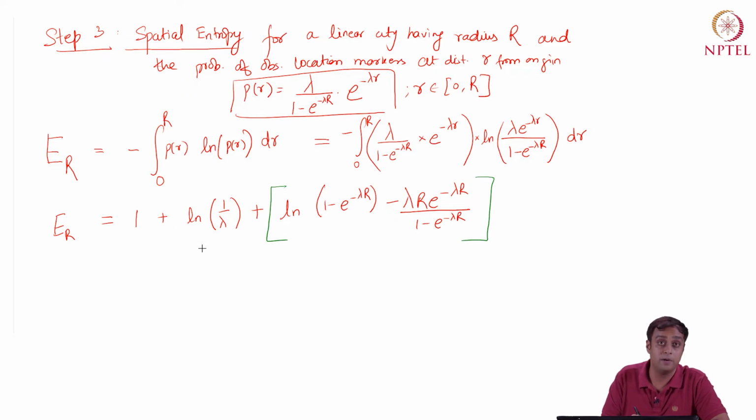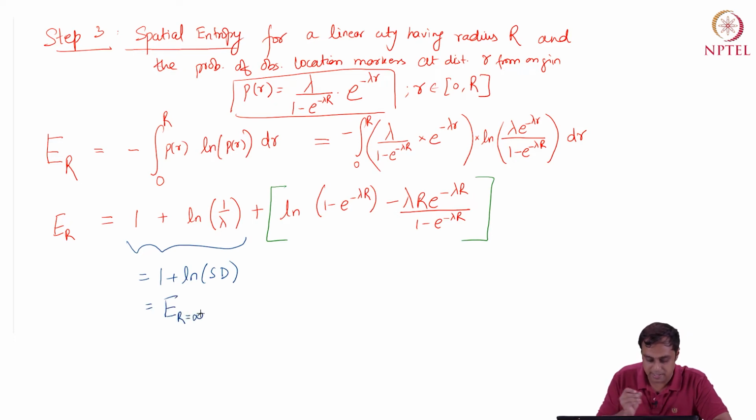But what's outside this green bracket is 1 plus log 1 over lambda. So 1 over lambda, if you remember, is exactly equal to the standard deviation of an exponential distribution when R could go to infinity. So if capital R were infinity, what we are looking at here is that the first term is equal to 1 plus log of 1 over lambda, which is nothing but E with R, capital R, being set to infinity.